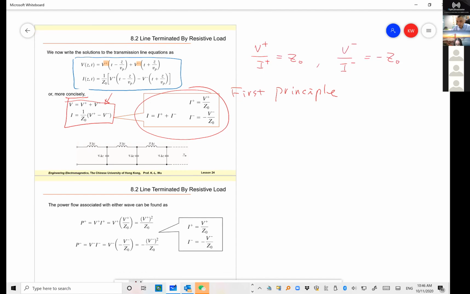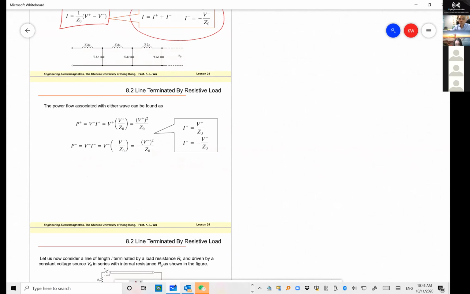Now we can find the total power carried by the signal moving in the positive direction, which is voltage multiplied by current.